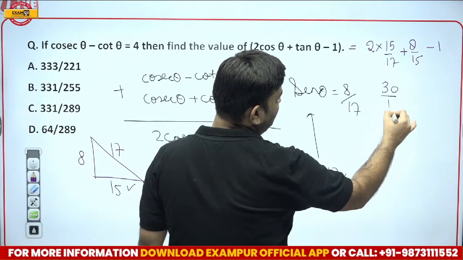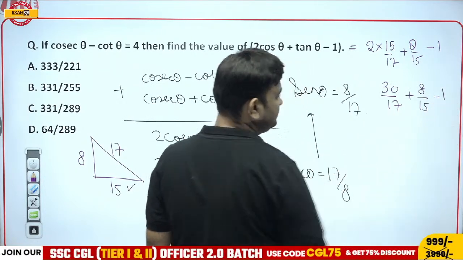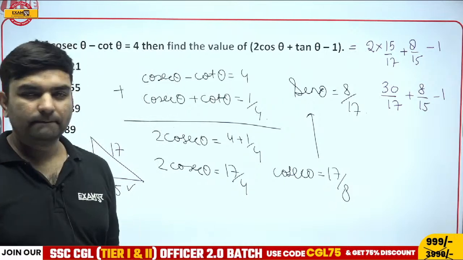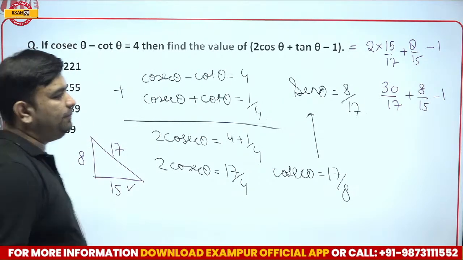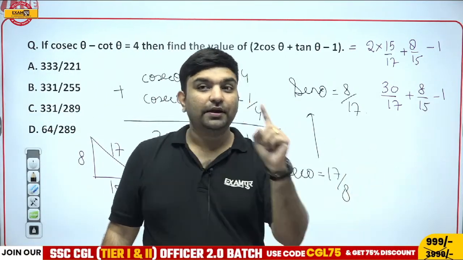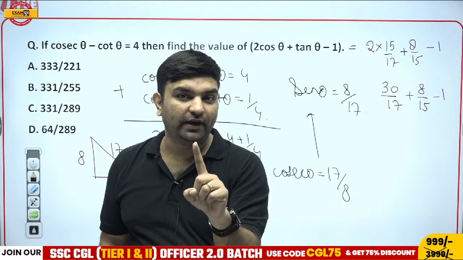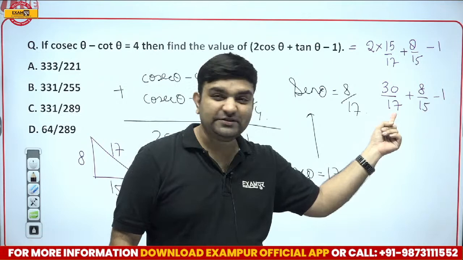30 by 17 plus 8 by 15 minus 1. Okay, the LCM of 17 and 15 is 255. 15 times 15 is 225 and 30 extra, it is 15 plus 2.